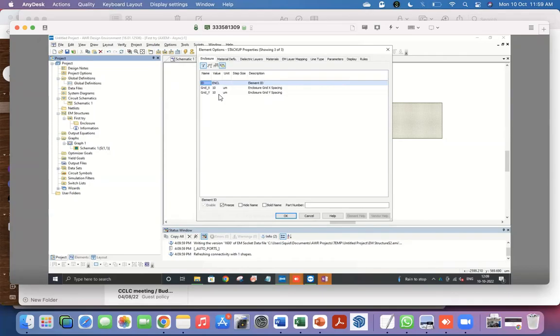But there is some correlation. So if you don't want your structures to be broken into very small elements, because the smaller the elements, the more the number of elements you have for a given structure, and the slower the simulation will be. Okay, so this is something you'll have to do by trial and error for a given structure.